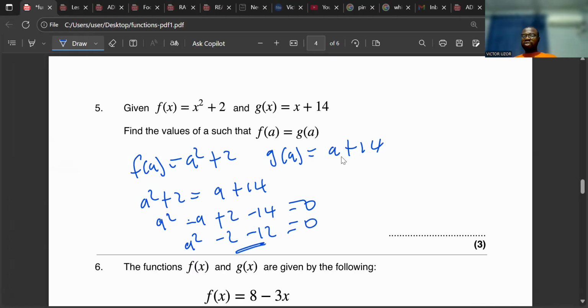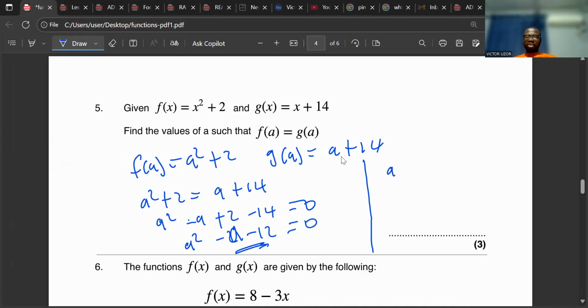So now you can solve it quadratically. Two numbers that when you add them, give you negative 1, and when you multiply them, give you negative 12. I think it's negative 4 and 3.